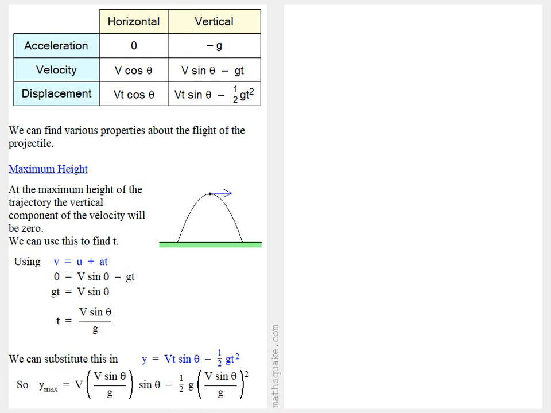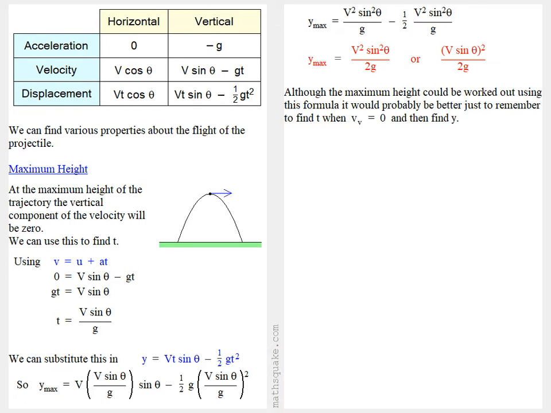So we get the maximum height y max is equal to v into v sin theta over g times sin theta minus a half g, in brackets v sin theta over g, all squared, which simplifies to y max is equal to v squared sin squared theta over g minus a half v squared sin squared theta over g, or y max equals v squared sin squared theta all over 2g, which can also be written as (v sin theta) all squared divided by 2g.